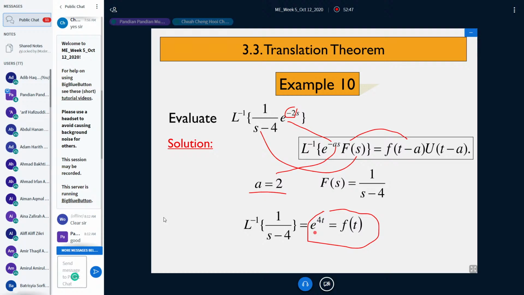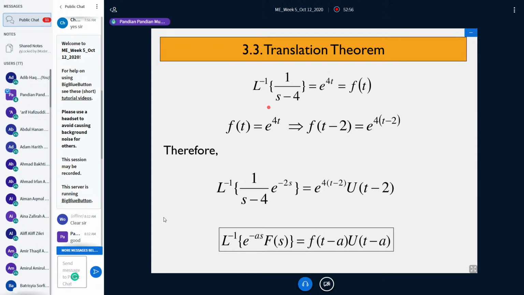Now, you want to write f(t minus a) u(t minus a). So inverse Laplace of 1 over s minus 4 is e power 4t. This is f(t). But your f(t) is e power 4t, but what we want is f(t minus 2).